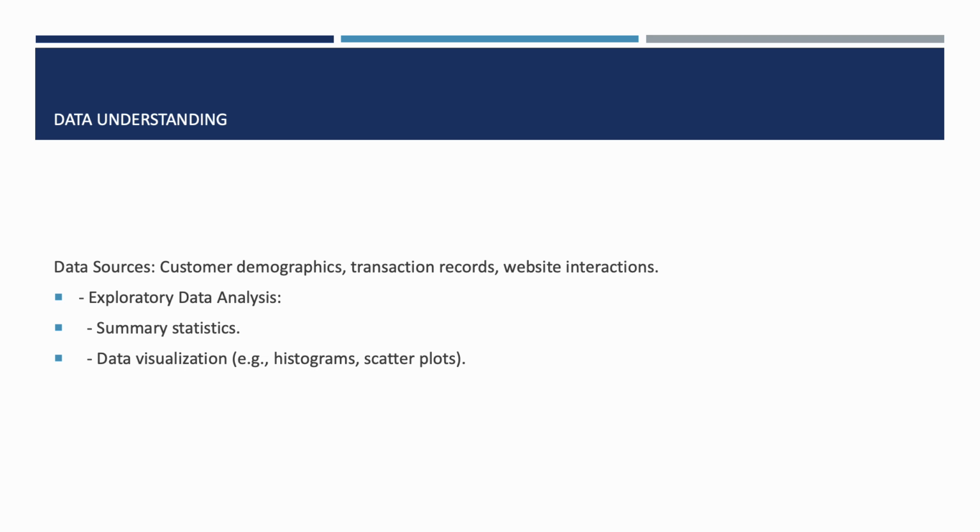Next is data understanding. So, in this case study, the primary data sources include customer demographics, like information such as age, gender, income, and location; transaction records, like data on customer purchases, including what products were bought, how often, and at what price.